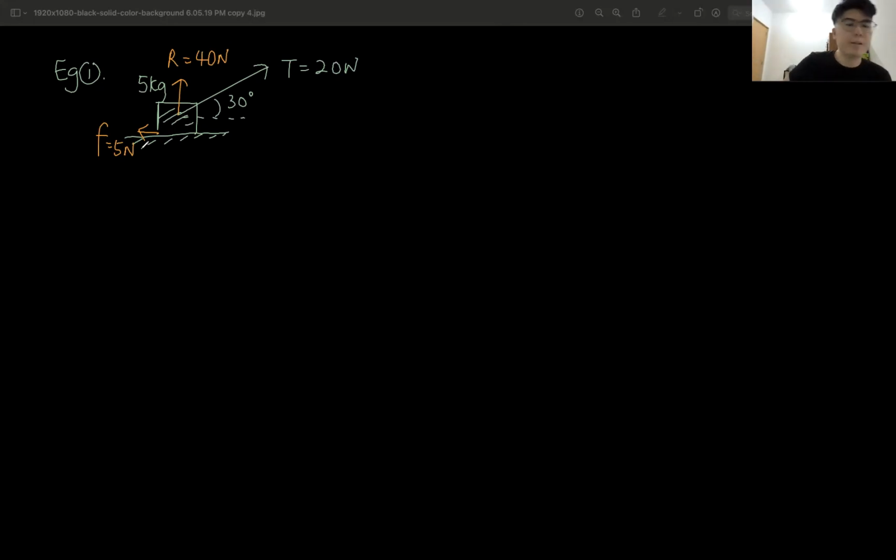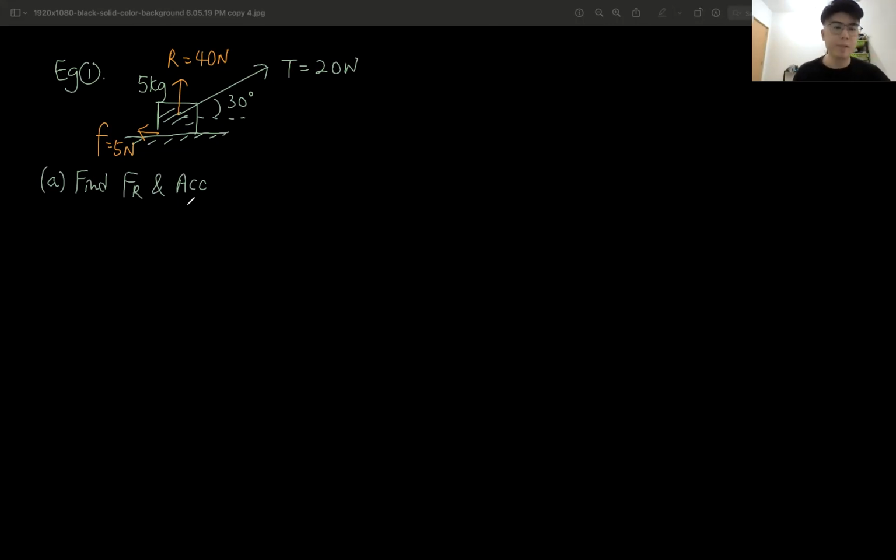Let's say you are given this. And the question says, find the resultant force and the acceleration. Find Fr and acceleration of the body.